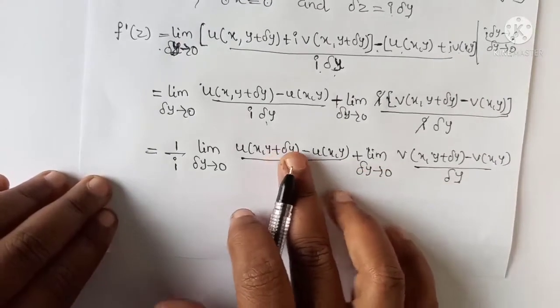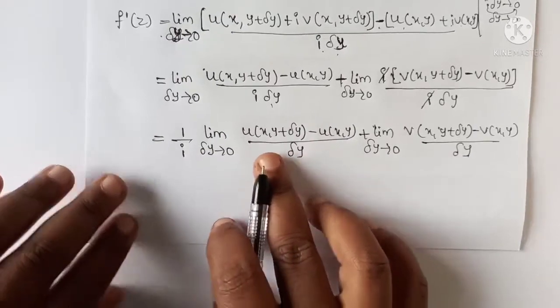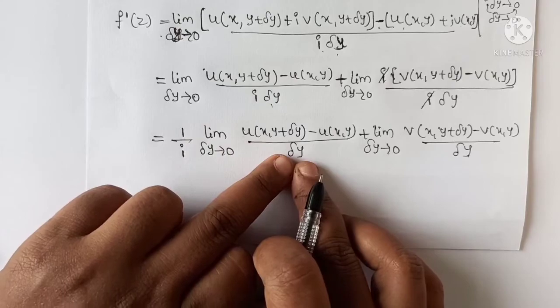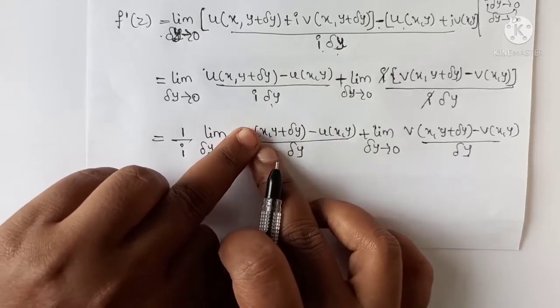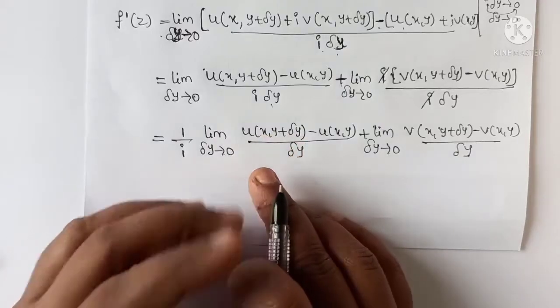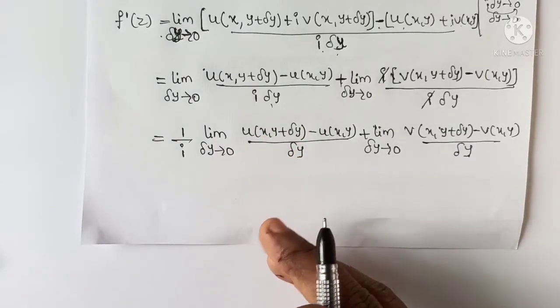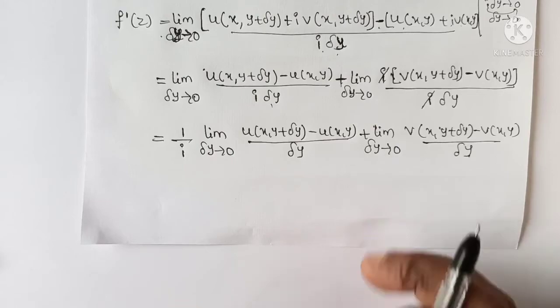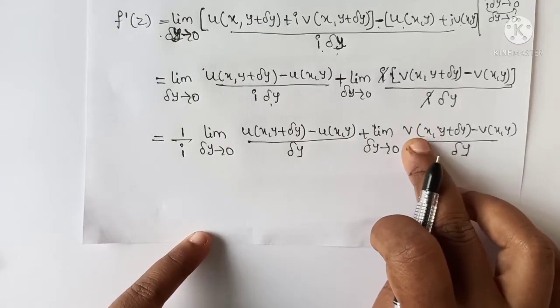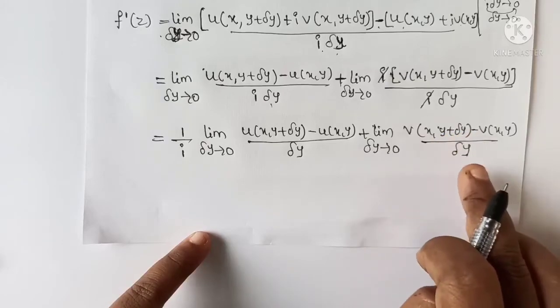Now again by the partial derivative definitions, this is the partial derivative of u with respect to y. You can observe that x is constant, only y is changing. So when one variable is kept constant and another keeps changing, we call it a partial derivative. So here also x is constant, only y is changing.